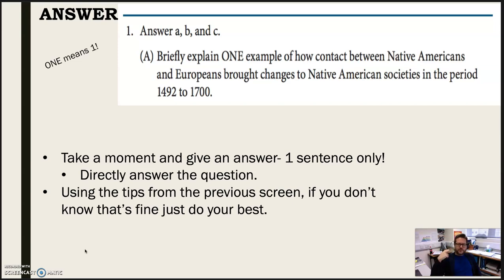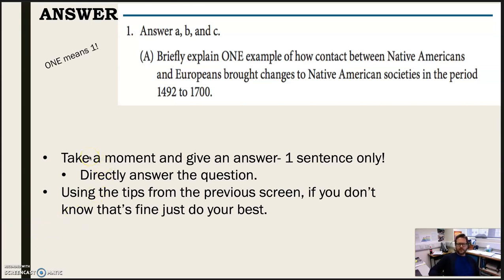Make sure you're not doing a bunch of examples. Don't say, oh yeah, disease really impacted the Americans and also the Columbian Exchange really impacted the natives. Don't provide 2 examples, that's going to lose the point. Sometimes you'll have 1 and then the next part will say, briefly explain another example. But if it says 1, just stick to 1.